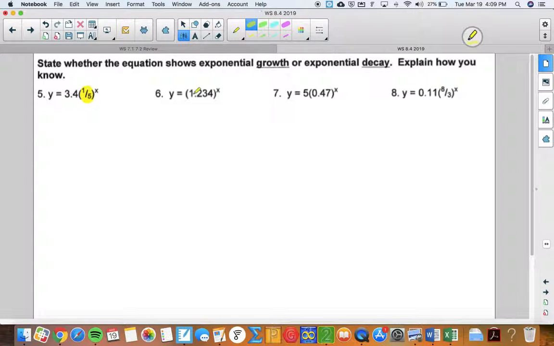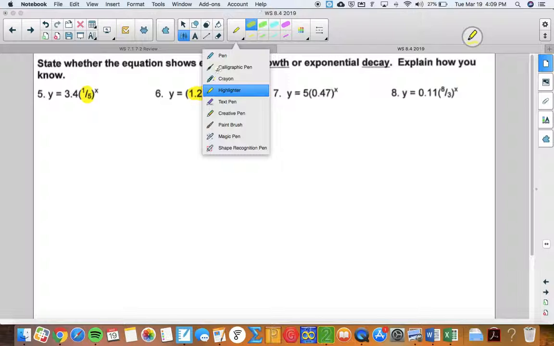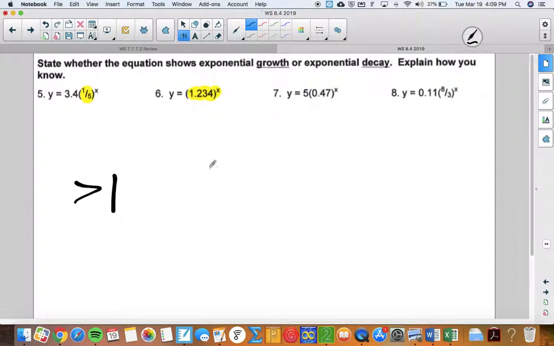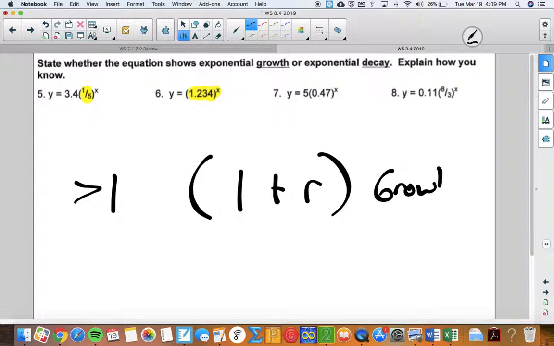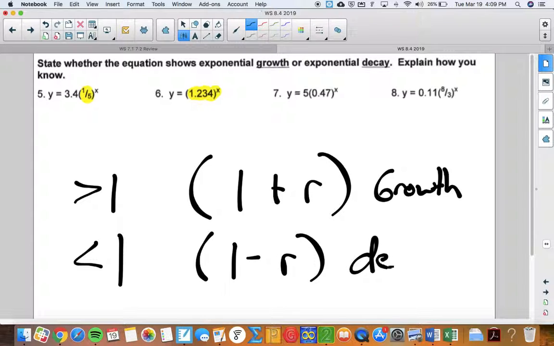If it's greater than 1, it means it came from 1 plus the rate, which would be growth. If the value inside the parentheses is less than 1, it means it came from 1 minus the rate, which is exponential decay.